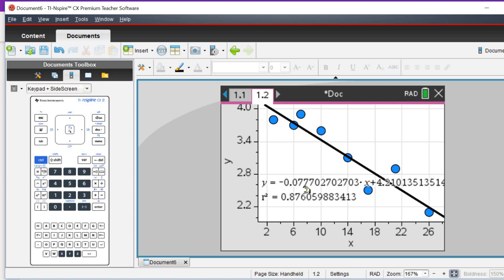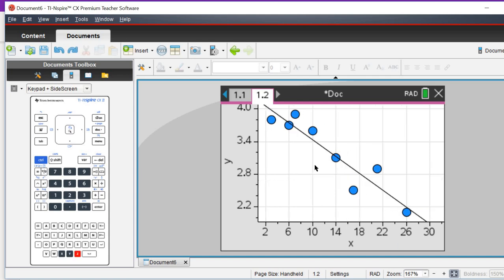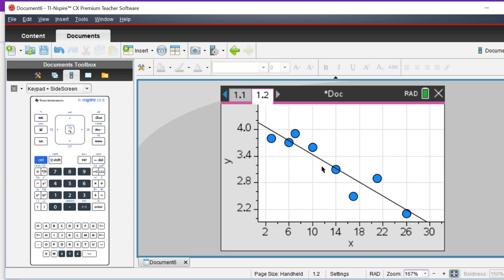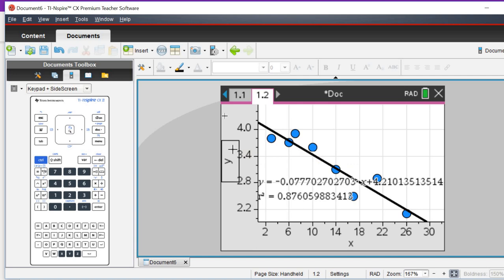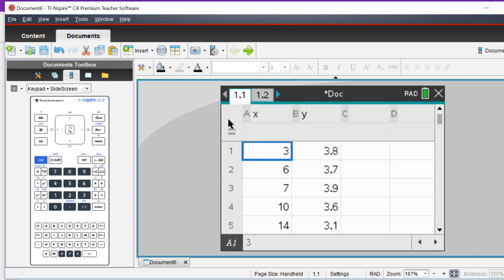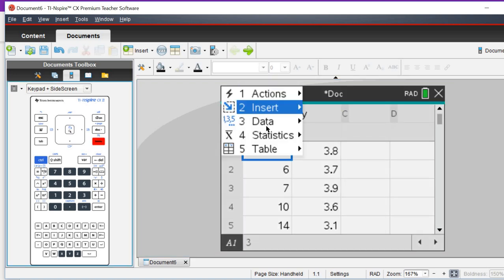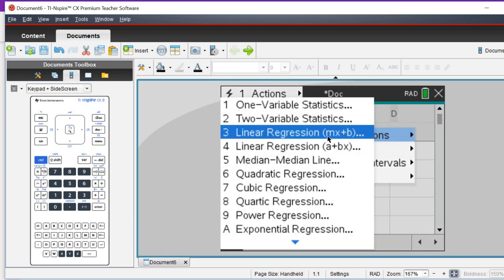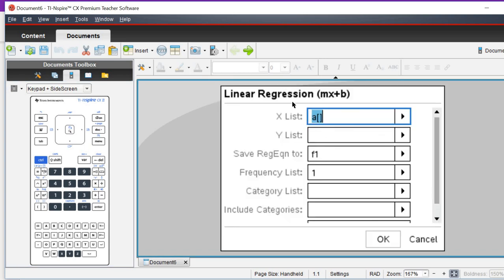So that's a really quick and easy way to get your regression equation. Okay, we can drag this around a bit, but I can't pick a coordinate there and work it out. So to do that, if we go menu, statistics, stat calculations, linear regression, it brings up this window here.